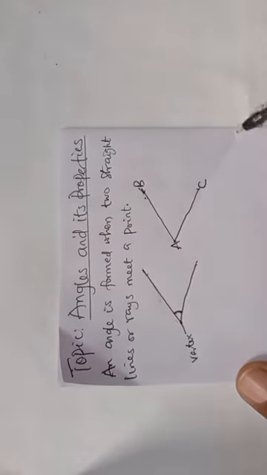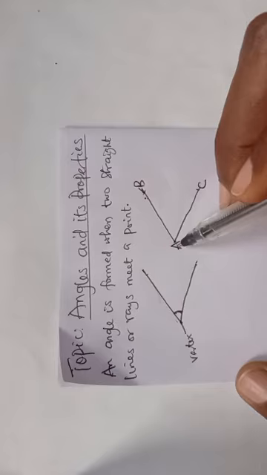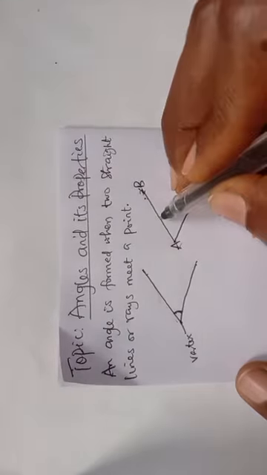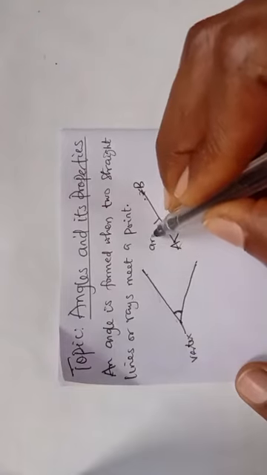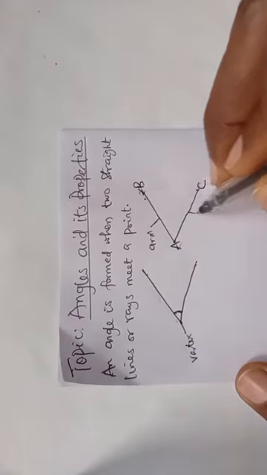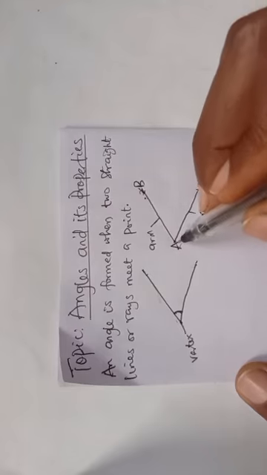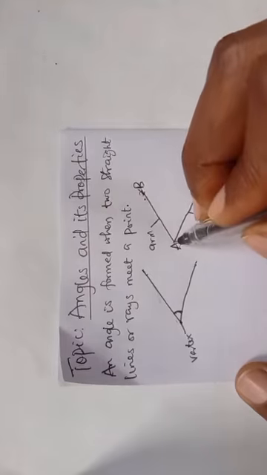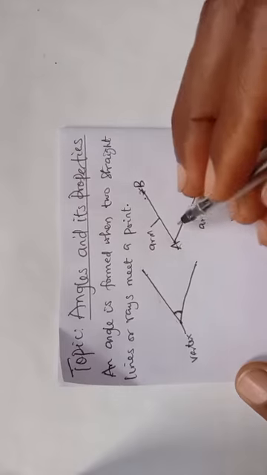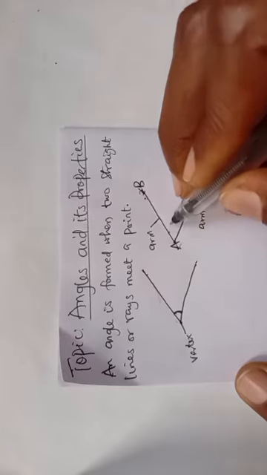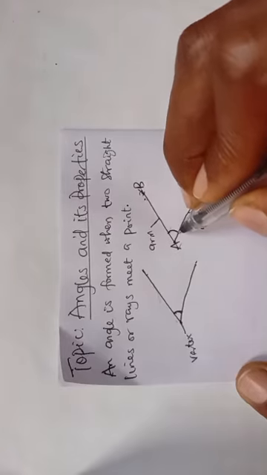Now, both AB and AC are called the arms. The vertex is where the A is standing right now. At that vertex is where the angle is formed.